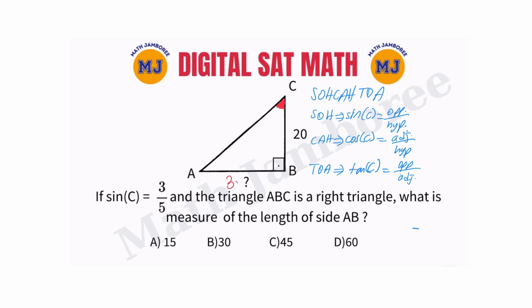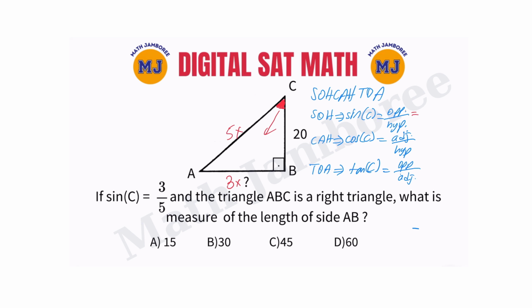Sine is the opposite side over the hypotenuse, so the opposite is 3x and the hypotenuse is 5x. Why am I writing 3x and 5x? Because 3 over 5 is a proportion. These can be multiples of 3 and 5. They can be 3 and 5, or 6 and 10, or 9 and 15.